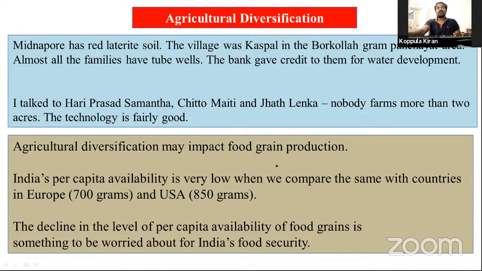Food grain production is affected by agricultural diversification. Then automatically food grain production will decrease. Why? Because they grow other food items. So it is very low.